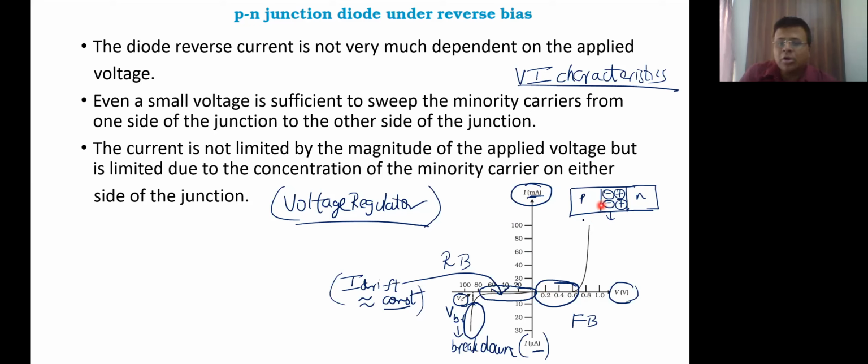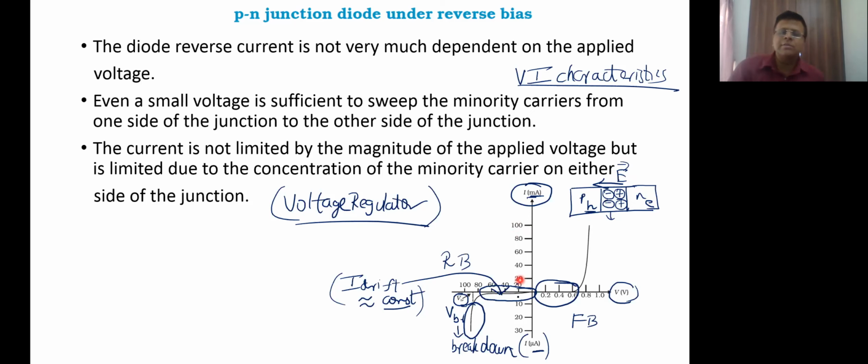And the current is not going to flow until you ensure that this electric field is brought down to a certain value, because this electric field is preventing the holes and the electrons from crossing the barrier. So unless you bring down the electric field, you cannot expect the holes with a certain kinetic energy to cross over the barrier.